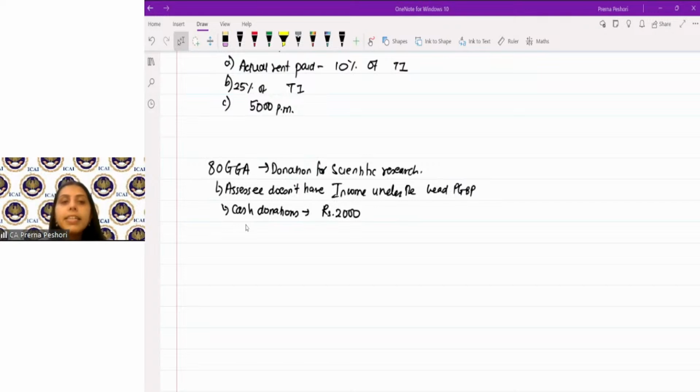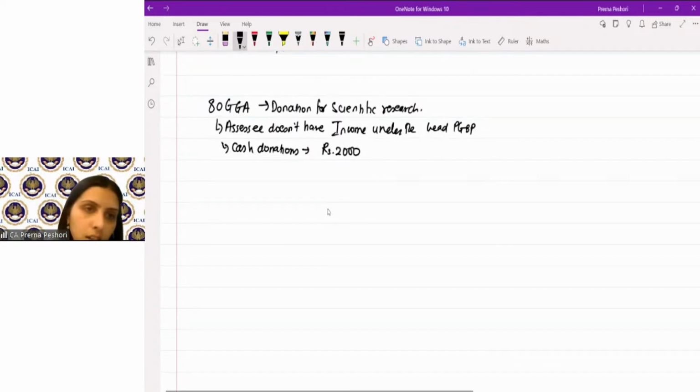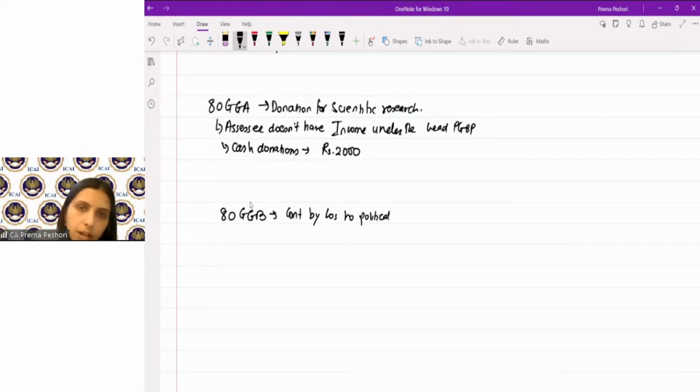Then 80GGB, which is contribution by companies to political parties. If you remember, we used to disallow the expense for political parties under section 37, but you can claim the deduction under 80GGB. Are we clear? So you can claim the deduction under 80GGB, but no amount is allowed for cash contribution.